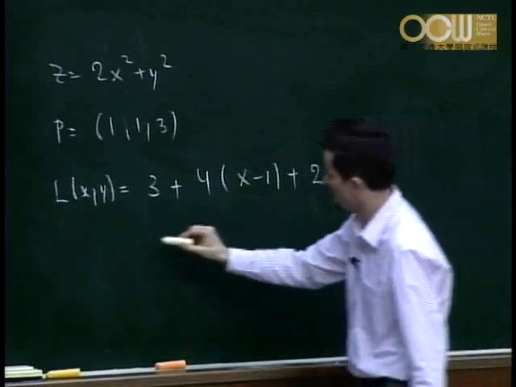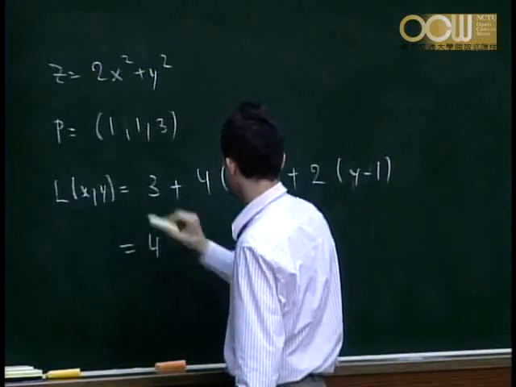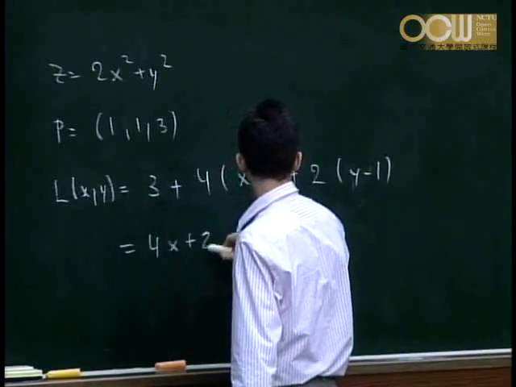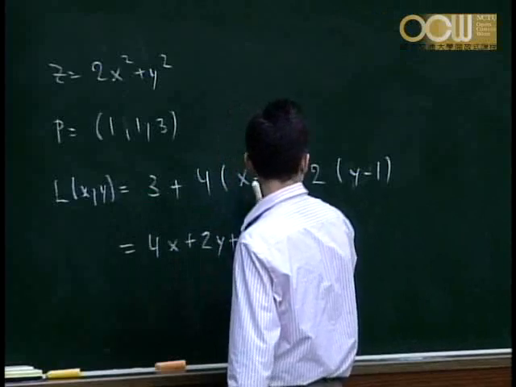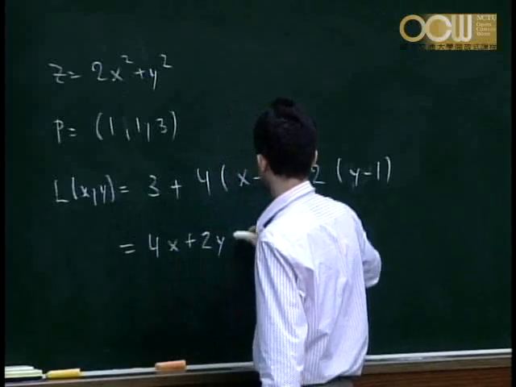So this is the tangent plane, the linearization in this case: 4x minus 4, plus 2y minus 2, plus 3.